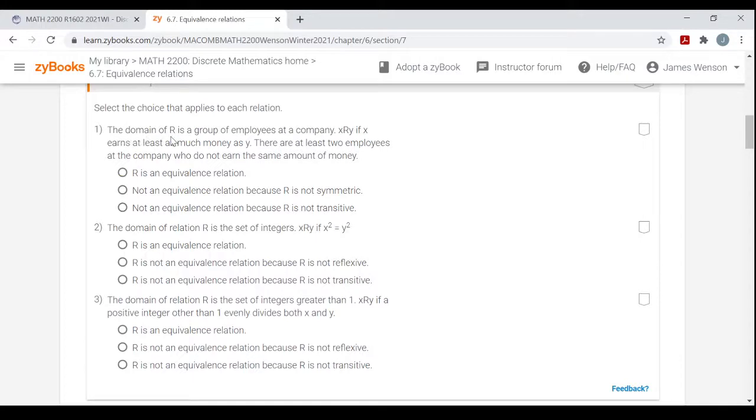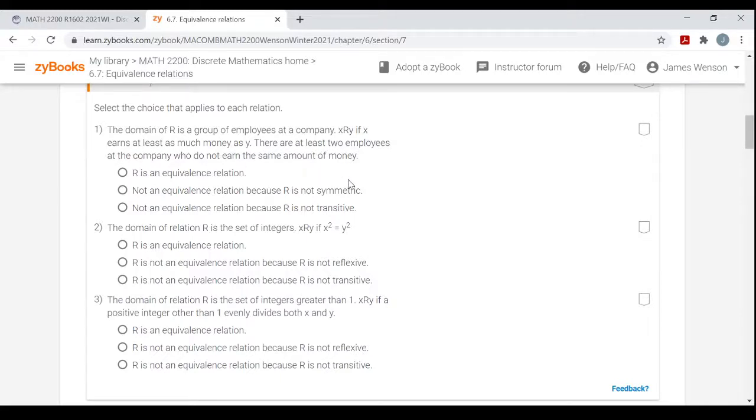Here, the domain of relation R is a group of employees at a company. And they're saying that employee X is related to employee Y if employee X earns at least as much money as employee Y. So that means the amount of money made by person X is greater than or equal to the amount of money made by person Y. And it says also there are at least 2 employees at the company who do not earn the same amount of money.